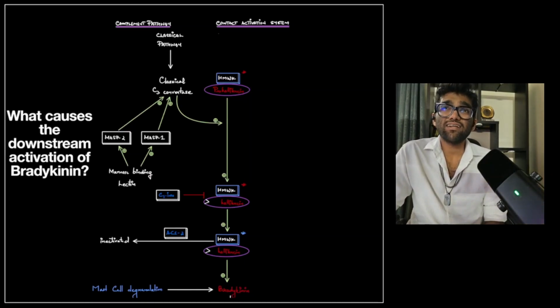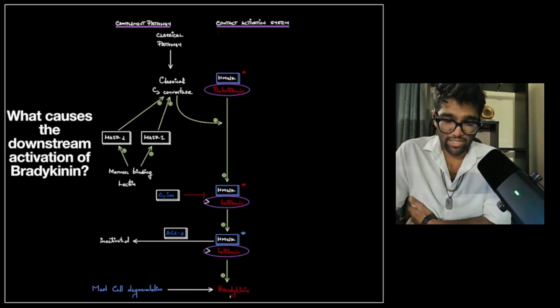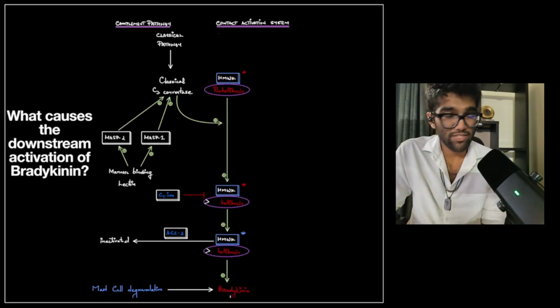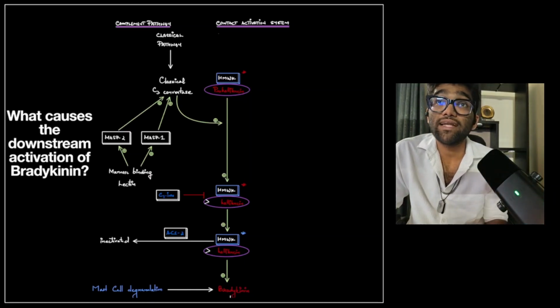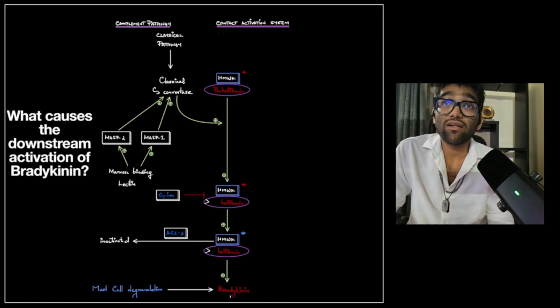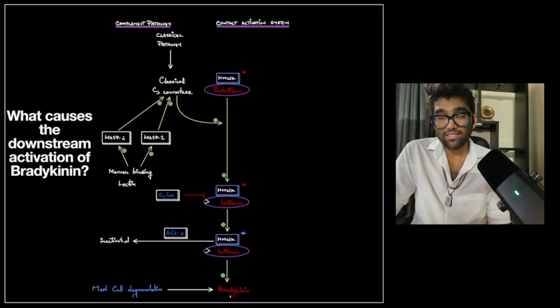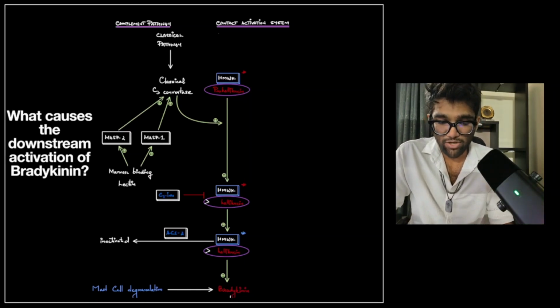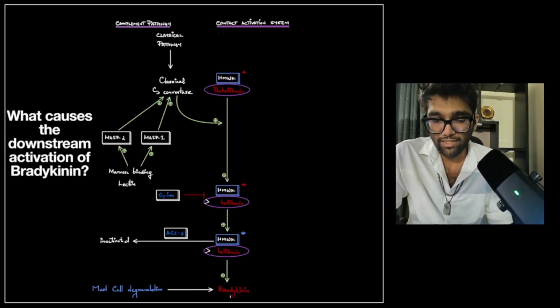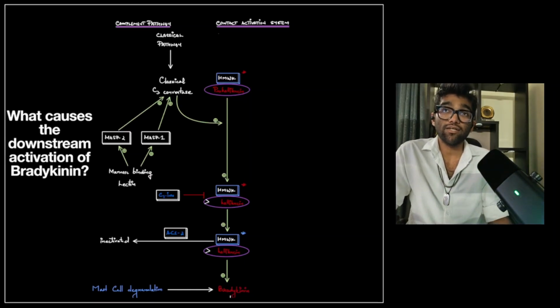Now there is another complement system called the mannose binding lectin pathway, which activates two proteins known as MASP1 and 2, which are homologous to C1q of the classical complement pathway, and we'll get to it there. As you can see, both the classical complement pathway as well as the mannose binding lectin pathway can result in activation of prekallikrein to kallikrein.